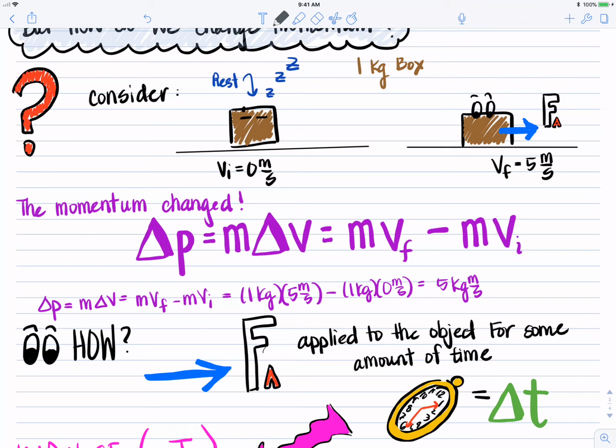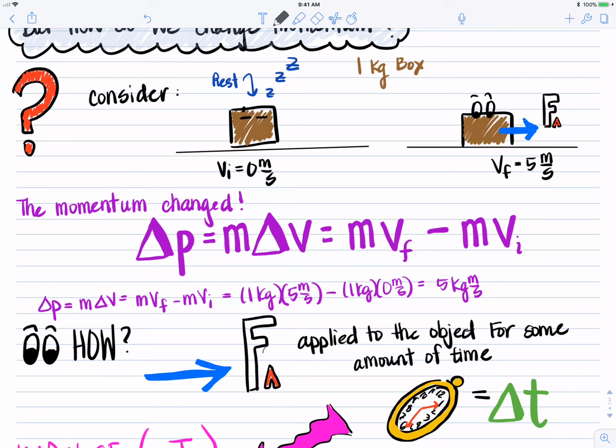Well, let's think about how that momentum was changed. It is true that you don't need to have an applied force constantly acting on an object for that object to have a velocity. For example, if I push a bowling ball across the room, even after my hand has come off of the bowling ball, it would continue to have a velocity as it rolled to the other side.